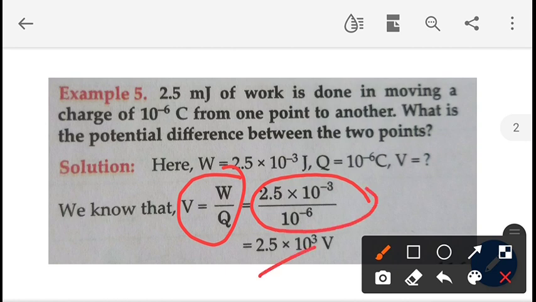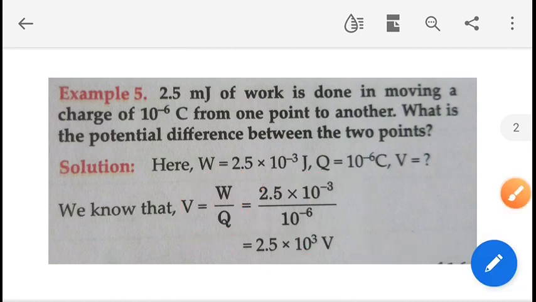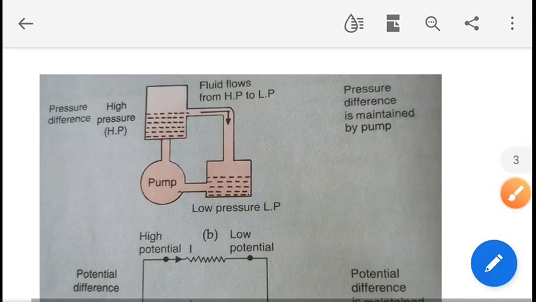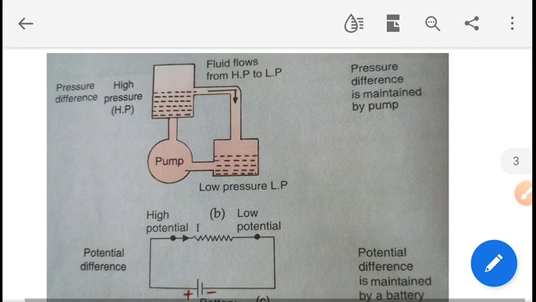Okay, the indices rule you must have studied in class 9 maths, use that and solve it step by step. Okay, and one more diagram is given here, so that you can have a better understanding of the visualization of potential difference.